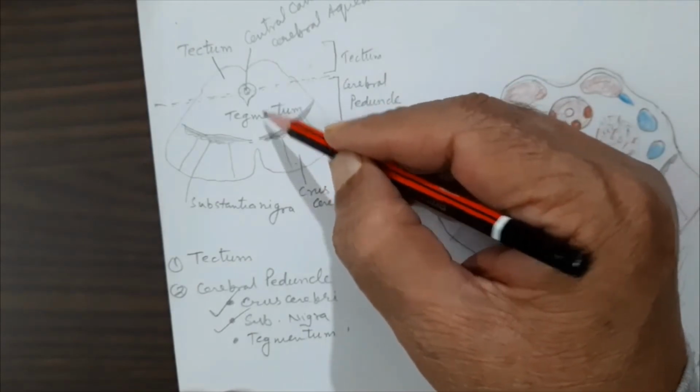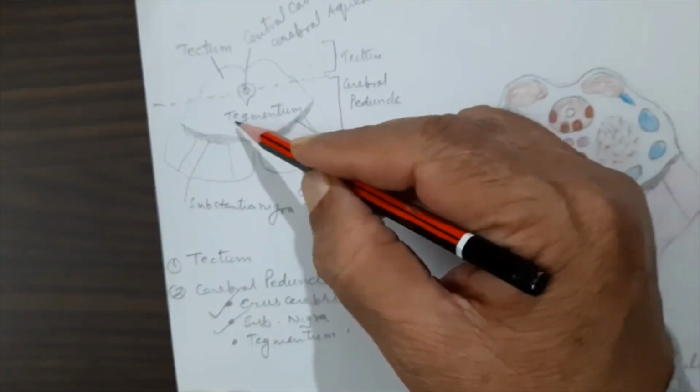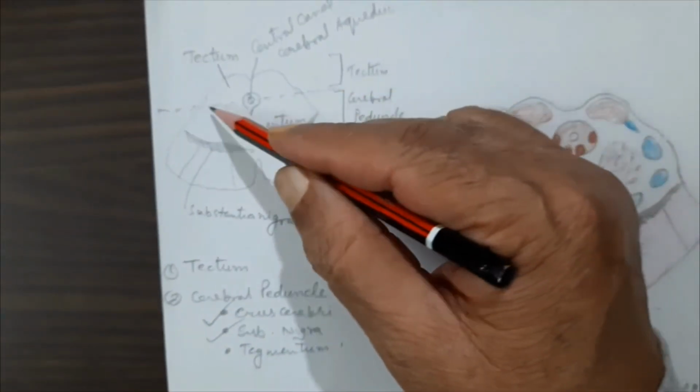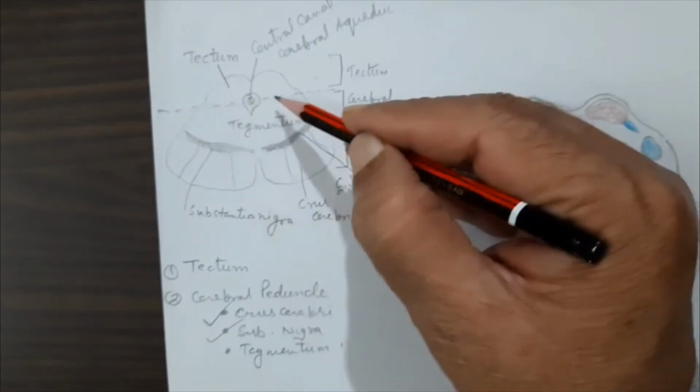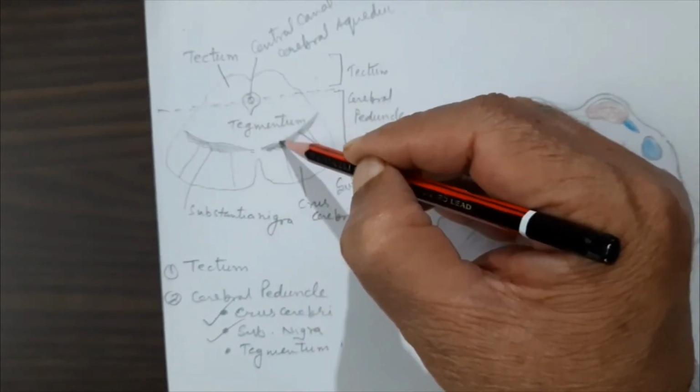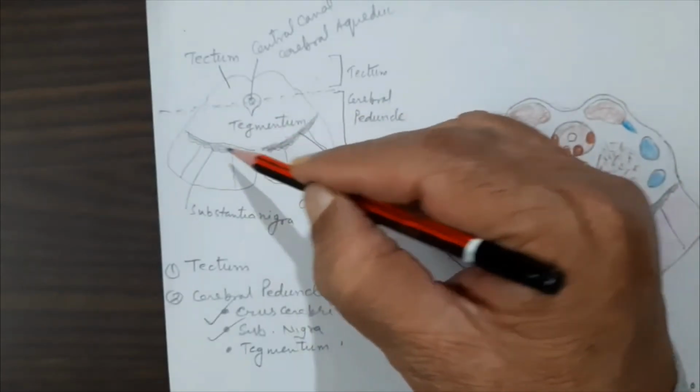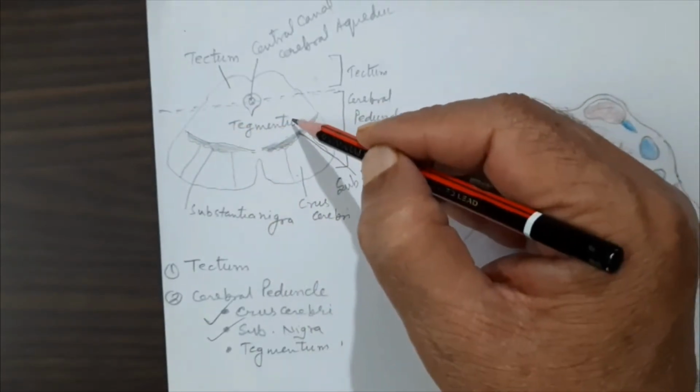And then the third part, behind or dorsal to the substantia nigra, which is anterior to this imaginary line, is called the tegmentum.